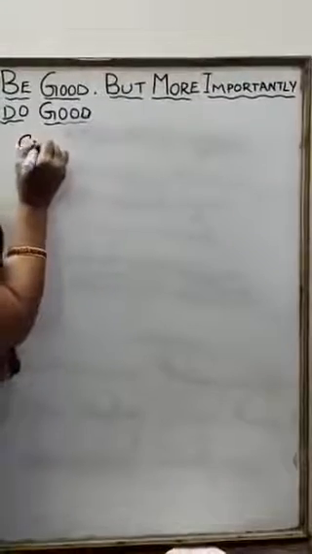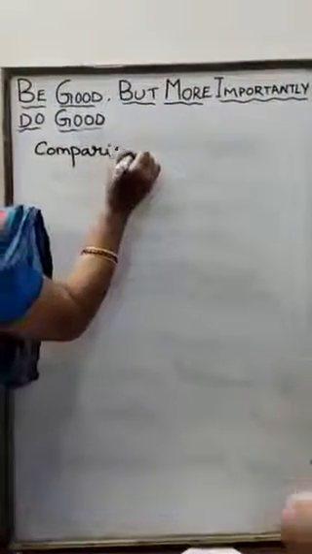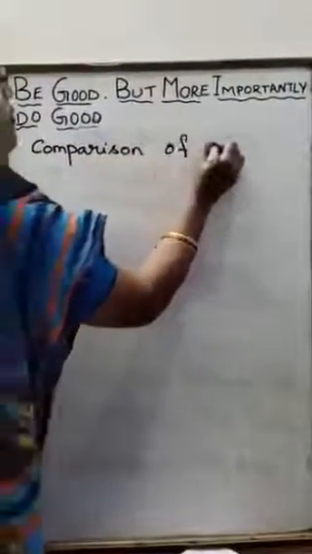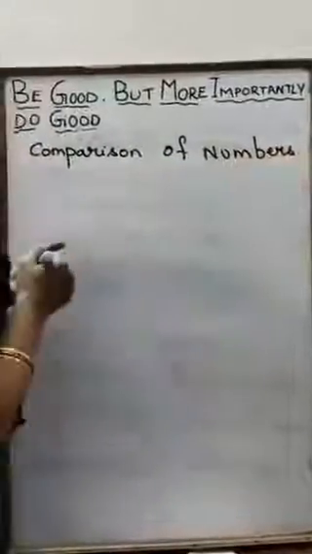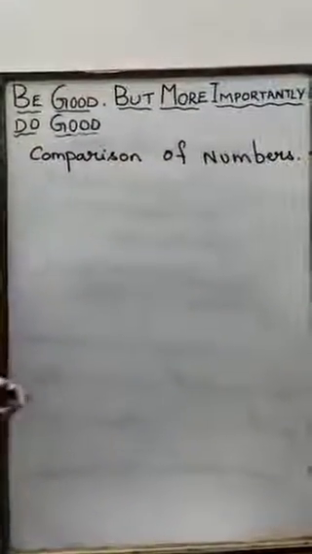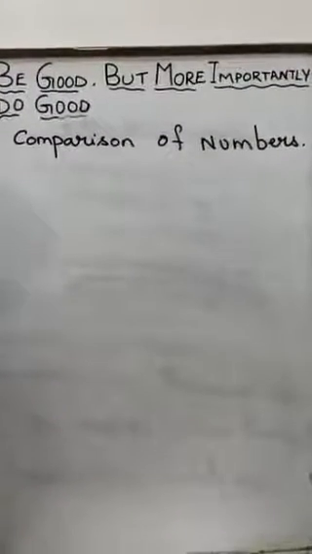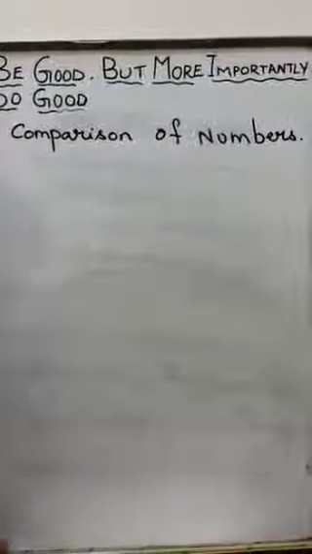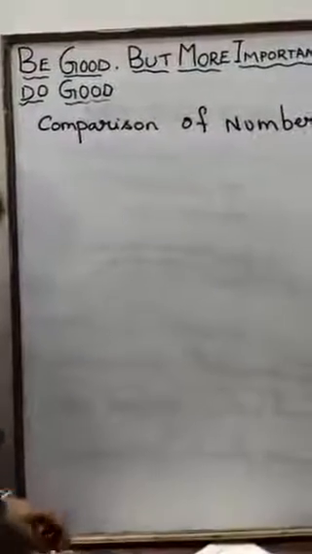Next, coming to comparison of numbers. We know the numbers. Counting numbers start from 1. It is infinity. We cannot count all of them. Here, the coins are placed.